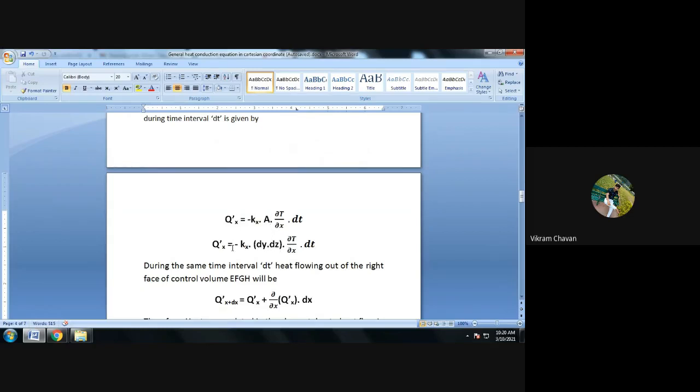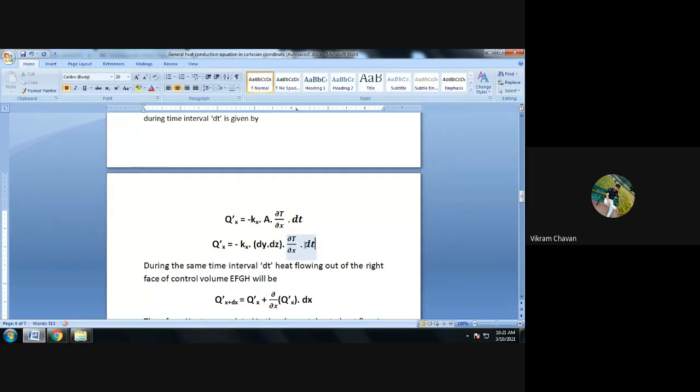So Q dash x will be equal to minus K suffix x, that is the thermal conductivity in x direction, multiplied by dy multiplied by dz, which will be the area, multiplied by dT by dx, that is the temperature gradient in x direction, multiplied by dt, which is the time interval for which we are trying to interpret the energy balance equation.